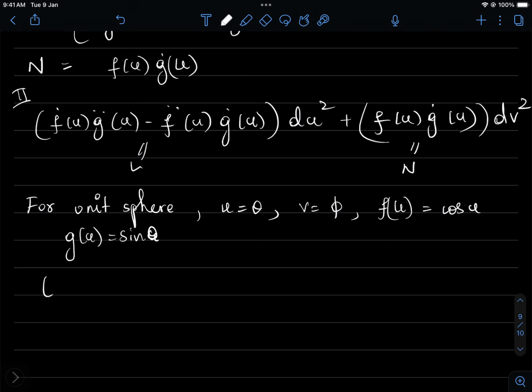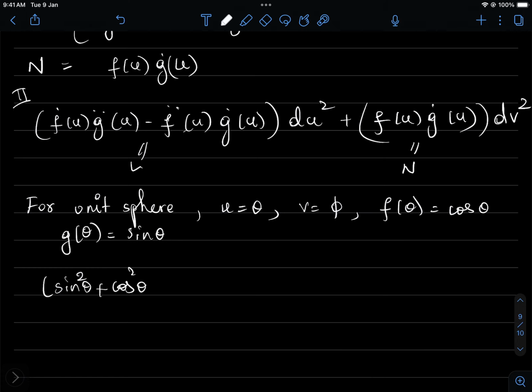We write f of theta as cos theta and g of theta as sin theta, f dot is minus sin theta, g double dot is minus sin theta, and again minus, you will get sin square theta. f double dot is minus cos theta and g dot is cos theta, so you will get plus cos square theta.